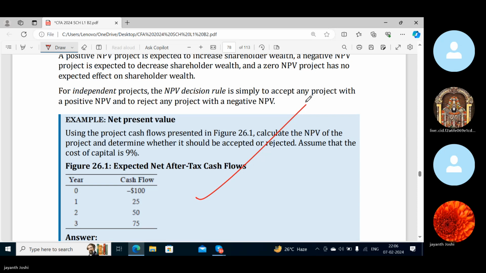But 22 point something it's coming. 22 point something. Okay, let's see.